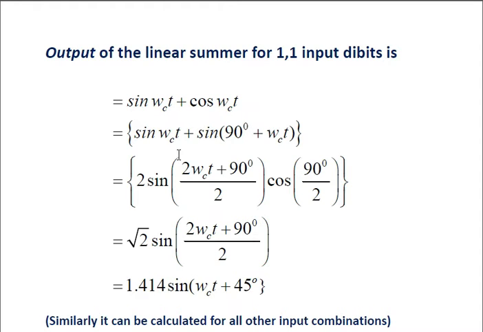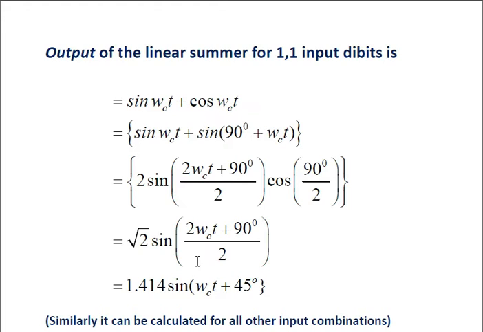So here it is 2 sine of (omega ct plus 90 degree) upon 2 into cos 90 degree upon 2. So for this case, the root of 2 means we have to take the square root of this.